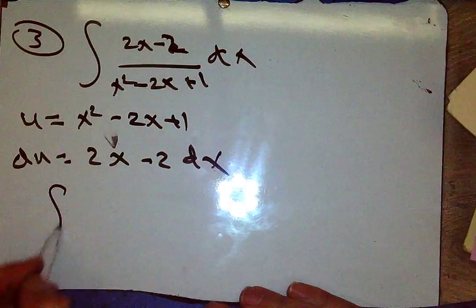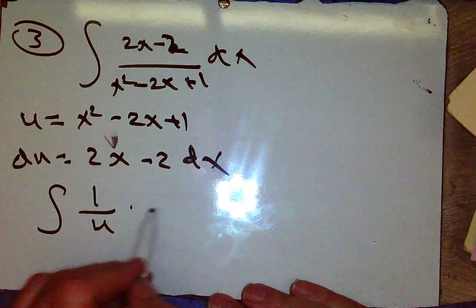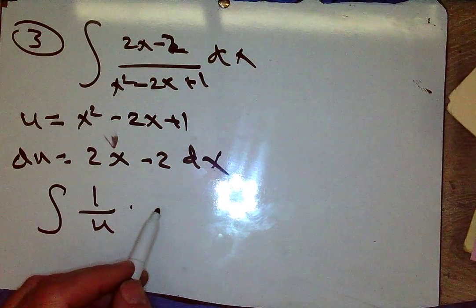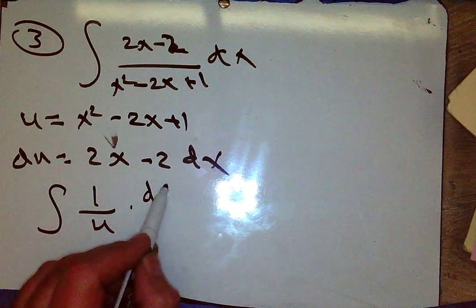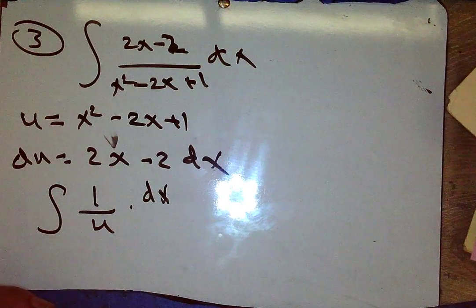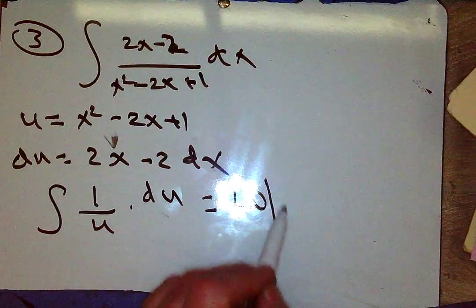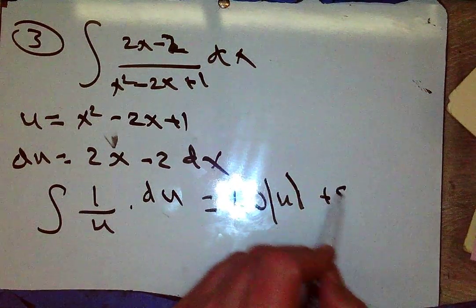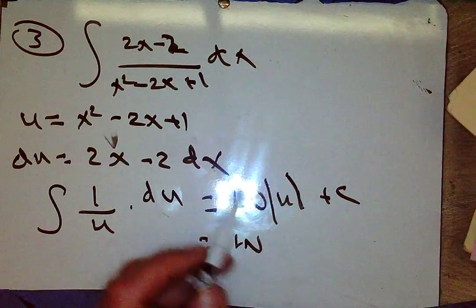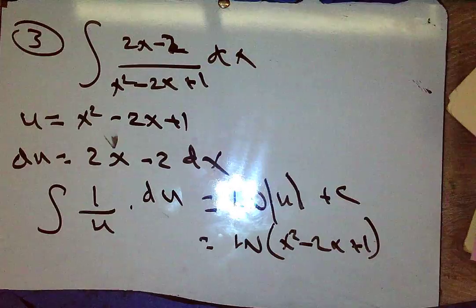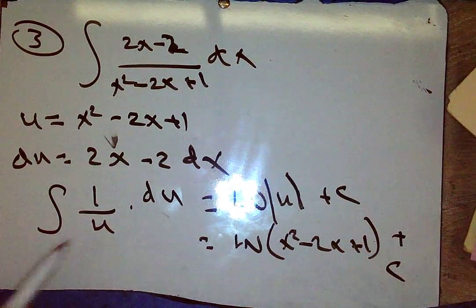Okay, so this is going to become the integral of 1 over u du. There we go. So ln of u, and don't forget the plus c. All right, that was 13.